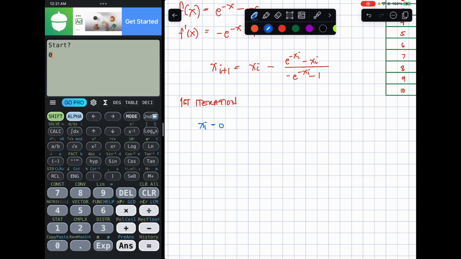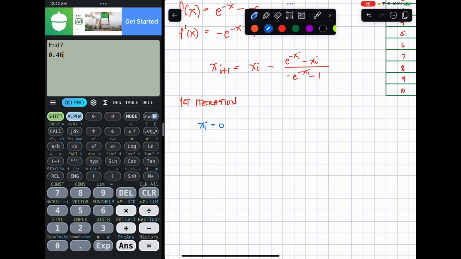So when x sub i is 0, let me see. Can I go back and clear?